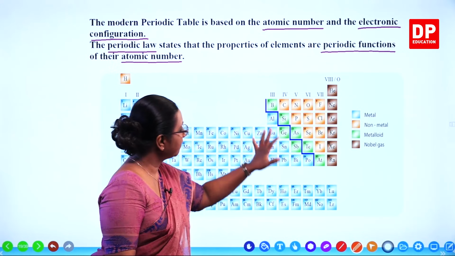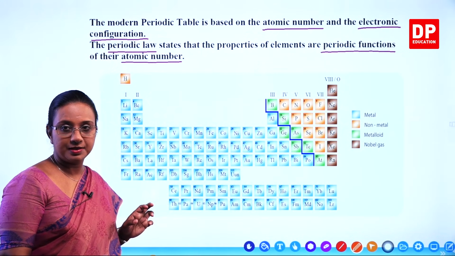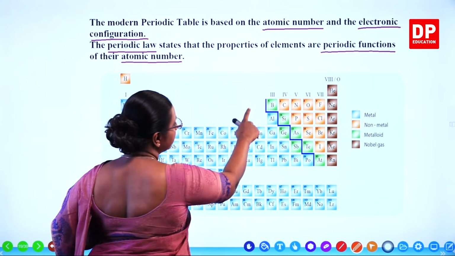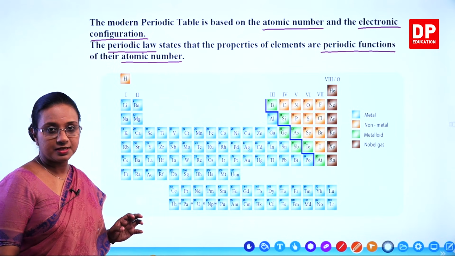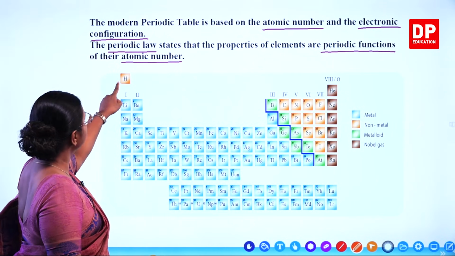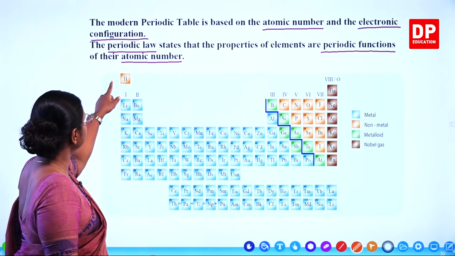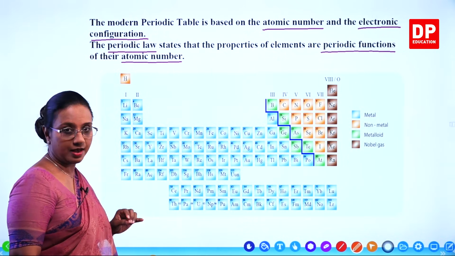Now, we will look at the proper arrangement of a periodic table. In this, you can see there are different colors given for different elements. And if we start from the first element, that is the simplest one, hydrogen, with atomic number 1, it goes there.